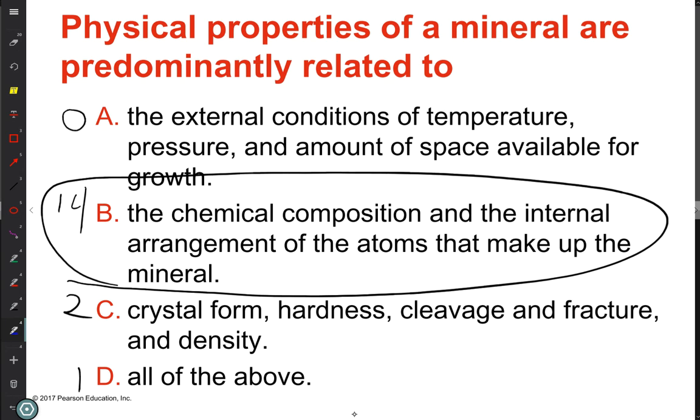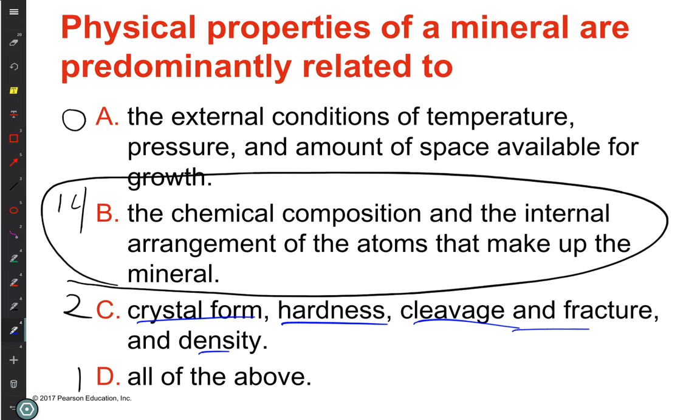Right. This is the list of the things we measure. And it says the physical properties of a mineral are predominantly related to. And so it's the thing that causes them. And so she said C is the physical properties we measure, not what causes them. And so then it leaves A and B.